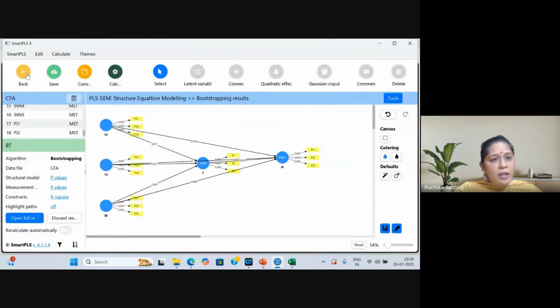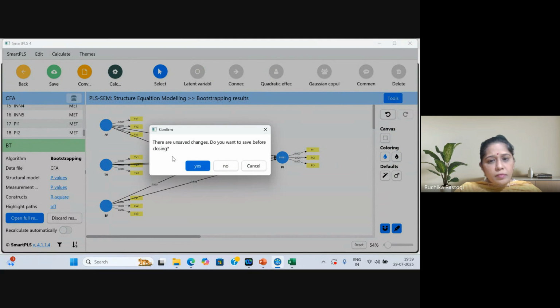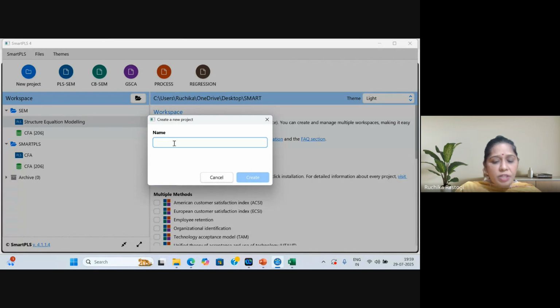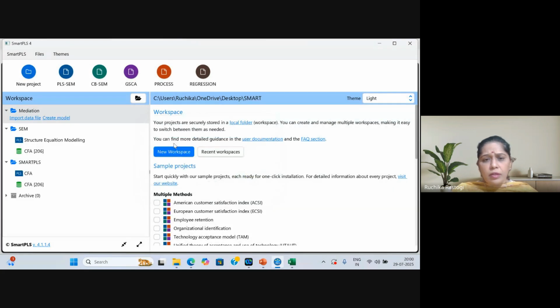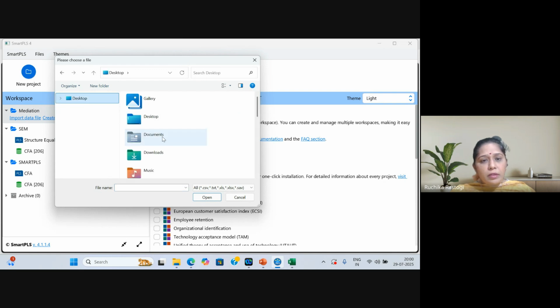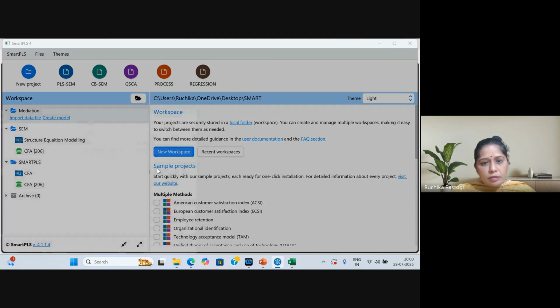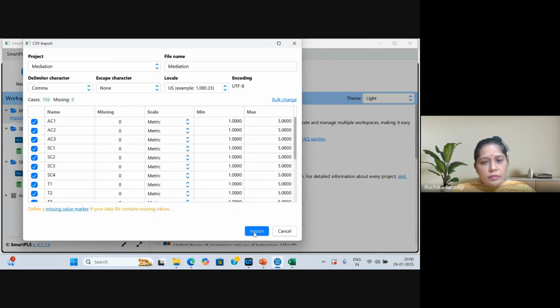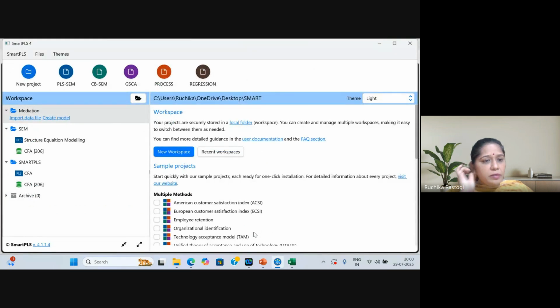We'll just go back. Create a new project, name it mediation. Import that data file. Import it, everyone, please, quickly.